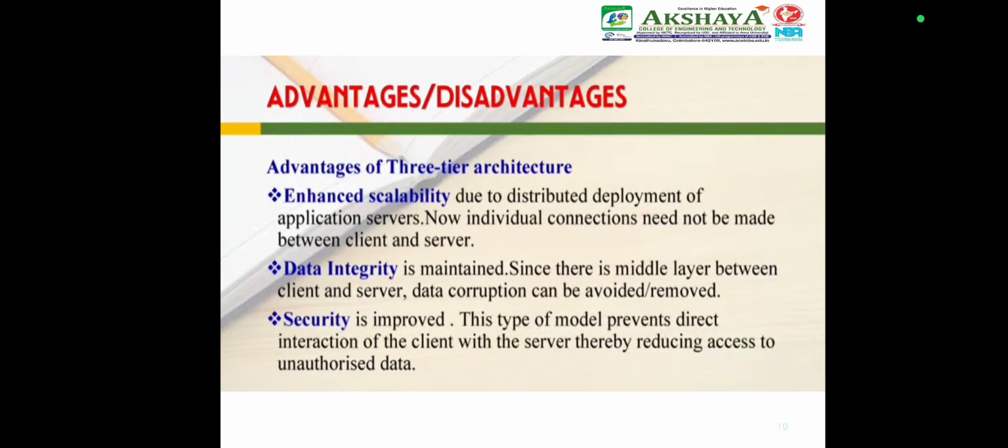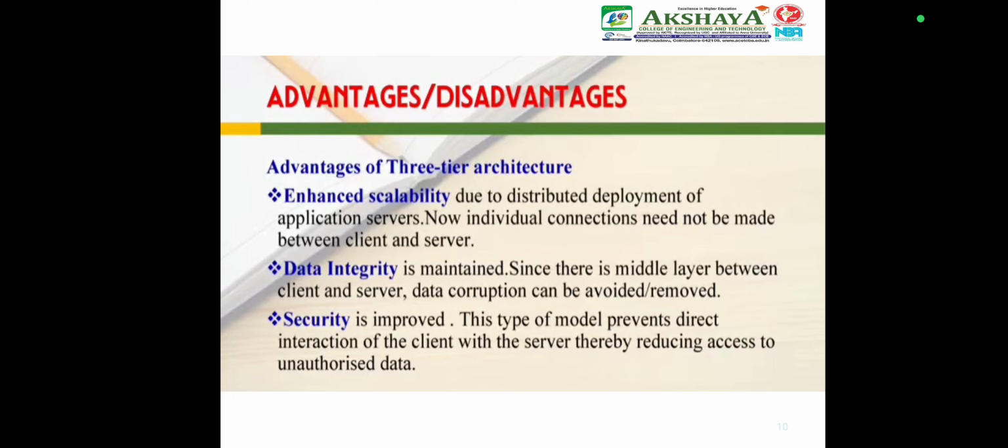Advantages and disadvantages. Advantages of three-tier architecture: enhanced scalability due to distributed deployment of application servers. Now individual connections need not be made between client and server. Data integrity is maintained since there is a middle layer between client and server. Data corruption can be avoided. Security is improved.